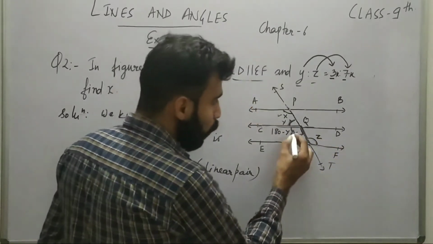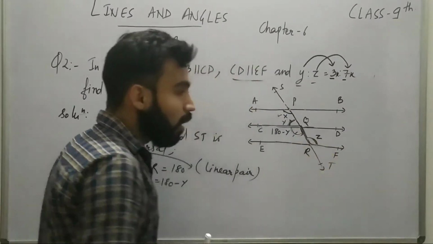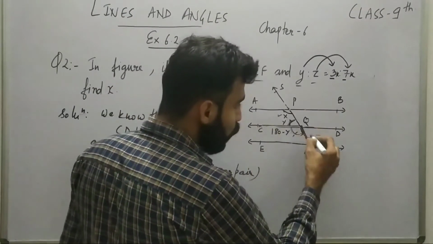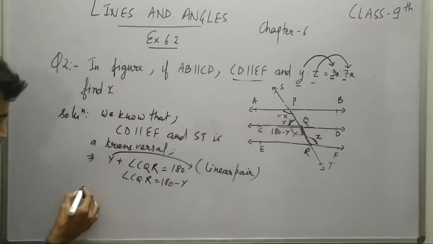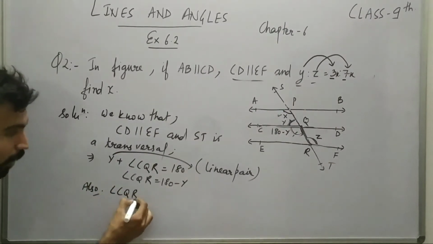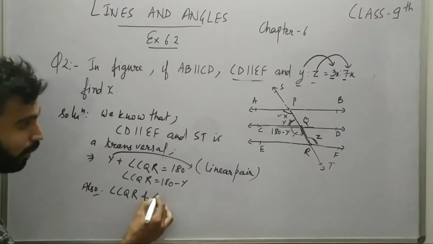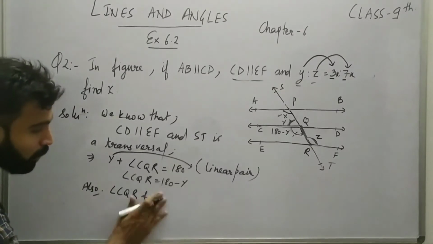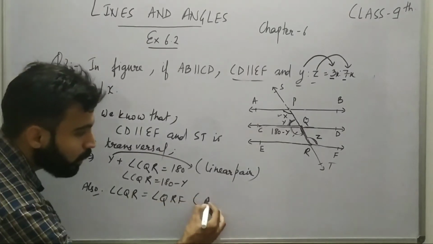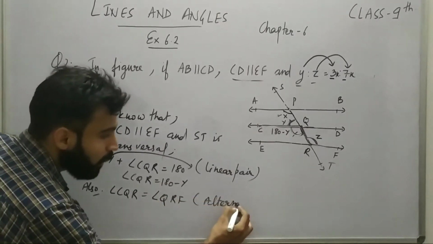So 180 minus Y and Z are alternate angles, right? That means angle CQR and angle QRF are equal to each other. They are alternate angles.